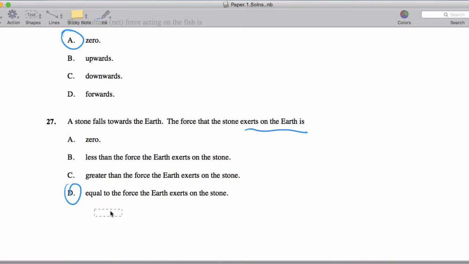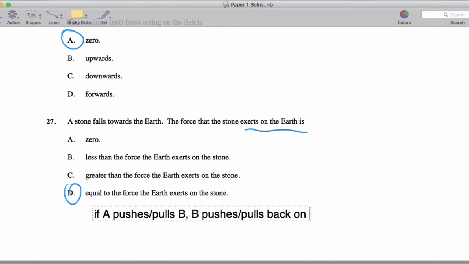I want to type it out one more time just to be clear. It says if A pushes or pulls B, B pushes or pulls back on A with equal and opposite force.